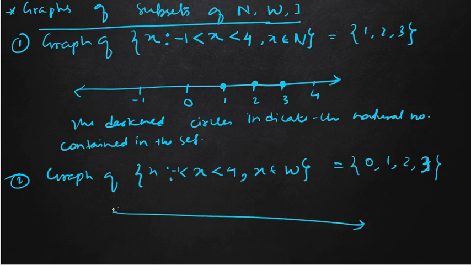So how will we plot it on a number line? Suppose this is 0, this is -1, this is 1, 2, 3 and 4. We need to only encircle 0, 1, 2 and 3. So this is the required answer.